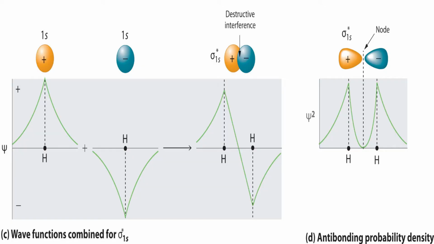But if one phase of the wave is negative and the other is positive, then there will be subtraction, repulsion, and energy will increase. So the lower energy orbital, from a general point of view, is bonding. The higher energy orbital, from a general point of view, is anti-bonding. And for non-bonding orbitals, many possibilities are there.